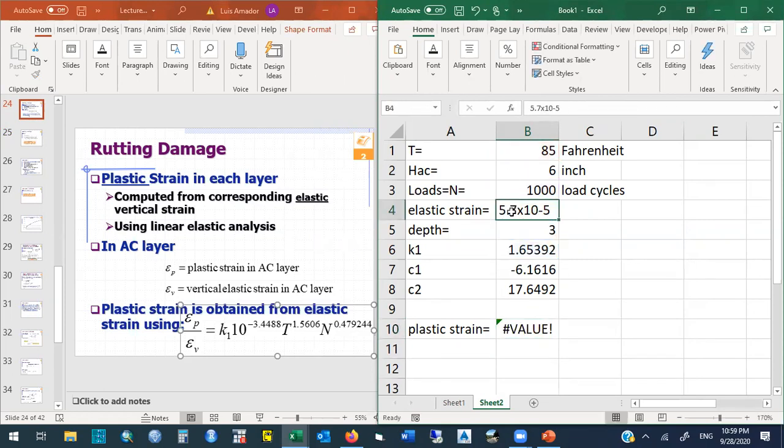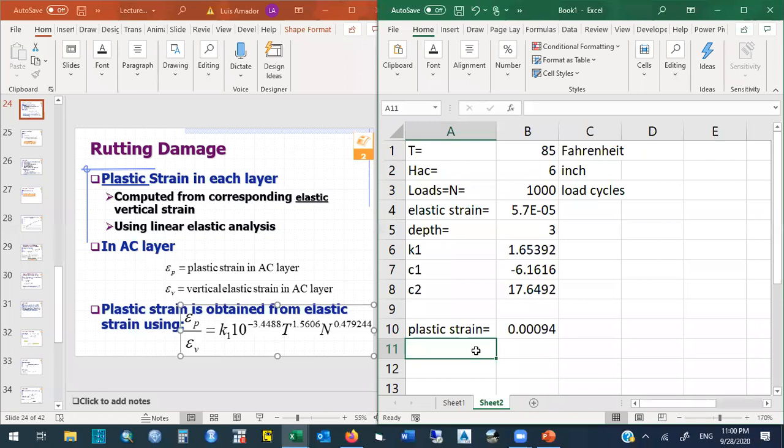Sorry, this is not a value by itself. I have to say equals, apparently. Yeah. No, why? This is it. So hold on a second, guys, sorry. So it's 5.7 to the power of minus 5. So it's that. So that's my plastic strain.